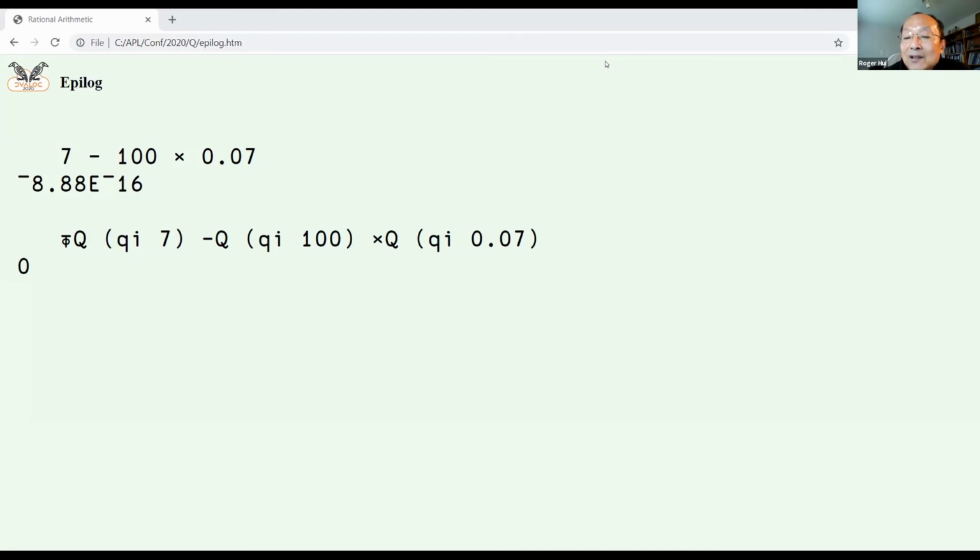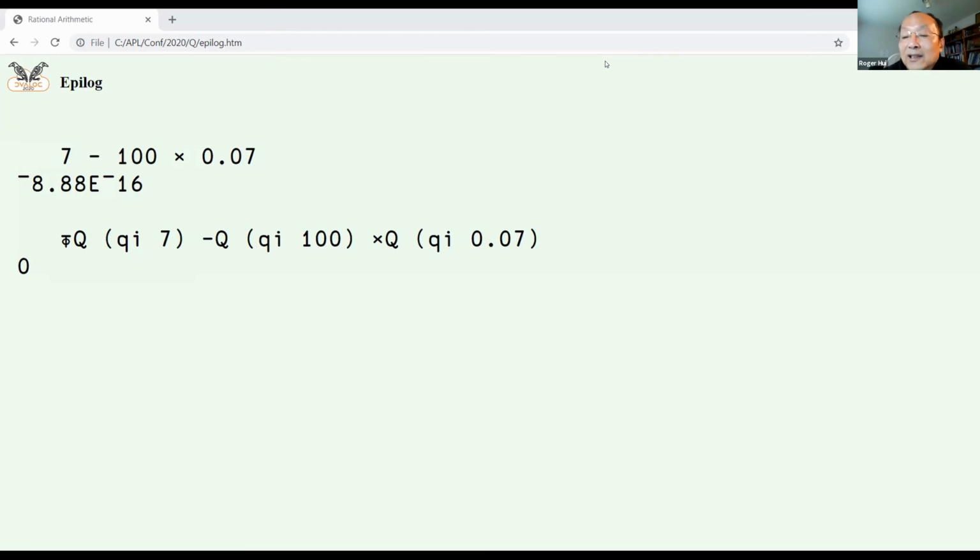In the text of the paper for this presentation, QI has a left argument, which is the tolerance you want to use to compute a rational representation.